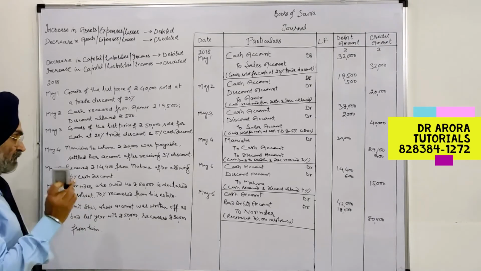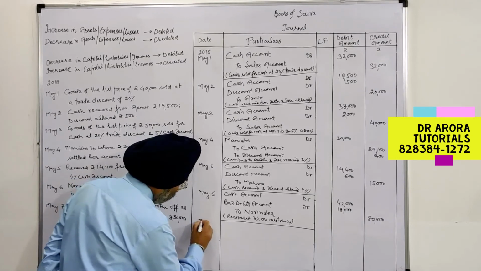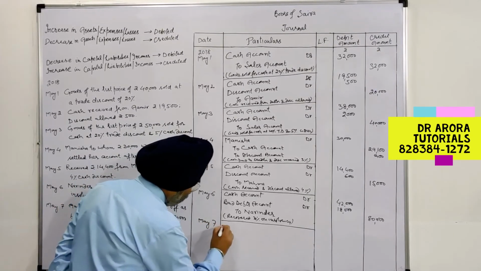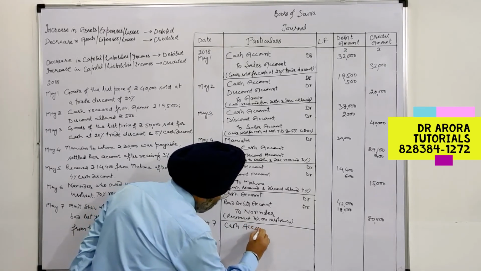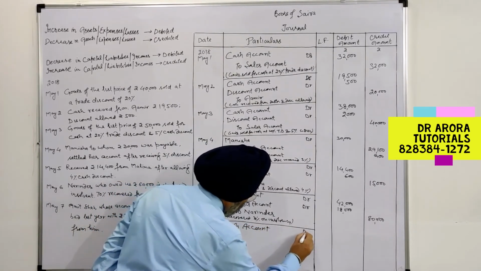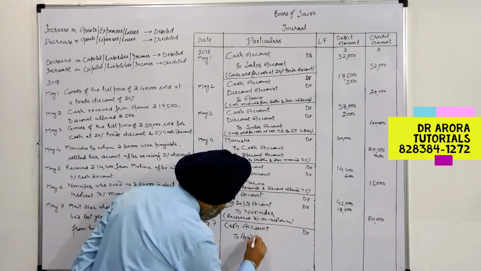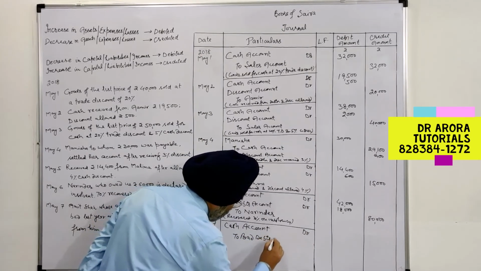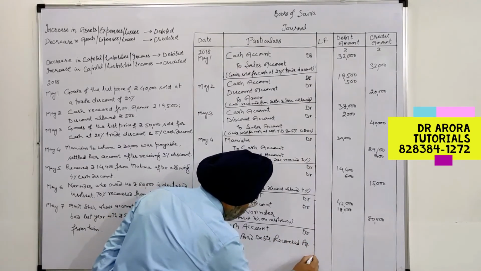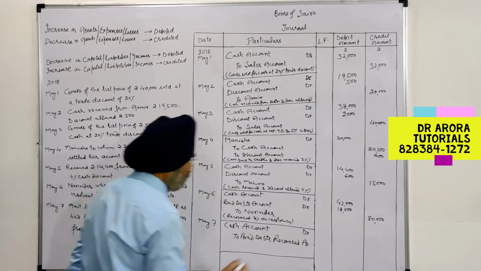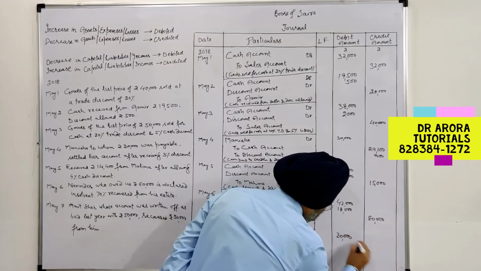So income on May 7th, so cash is coming, increase in asset, and increase in income to be written under the heading bad debts recovered account. So 30,000. With 30,000 only we will pass the entry.